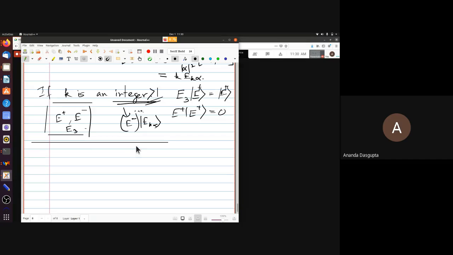Now, what we have just proven is that k cannot be a positive integer. By the same argument, you can show it cannot be a negative integer. What prevents k from being a half integer, say 7 by 2? Okay, let me give you a hint. If you start with 7 by 2, hit with E minus 3 times, what do you get?